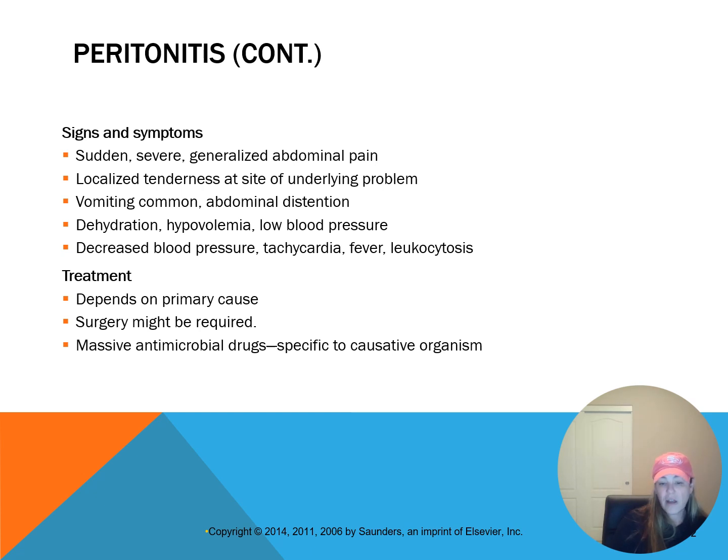Treatment depends on what the cause is. Like I said before, peritonitis is usually a complication of a primary disease, but you might need surgery, you might need a paracentesis. Usually you are given antibiotic therapy specific to the organism that they can culture and that is causing the problem.